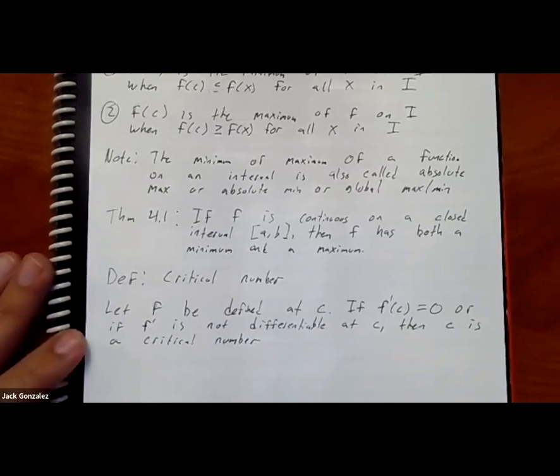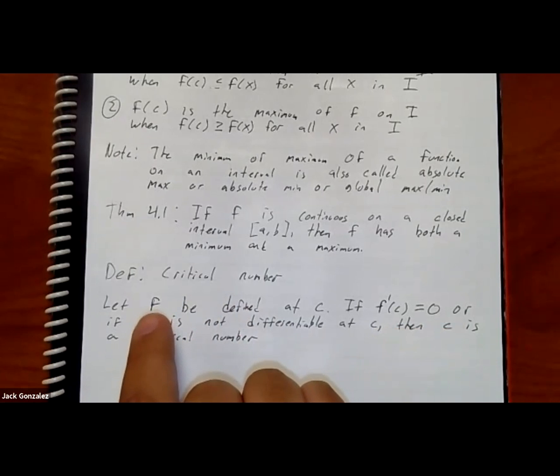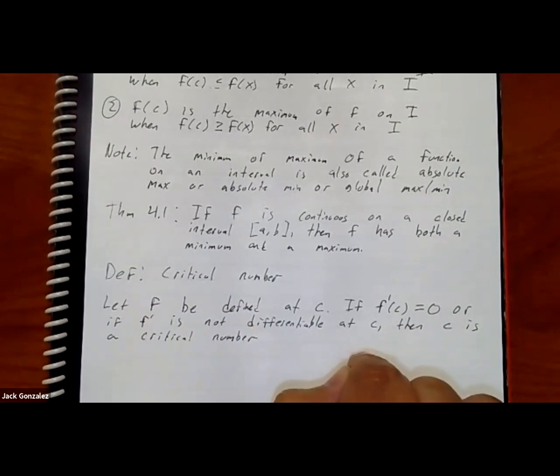So in plain English, if your C makes the derivative 0, if you plug it into the derivative and you get a 0, then it's a critical number. Or if you take a derivative and then you're not able to plug it in because it's not differentiable, but you were able to plug it in f, because f was finite, but not f prime, then it's a critical number.